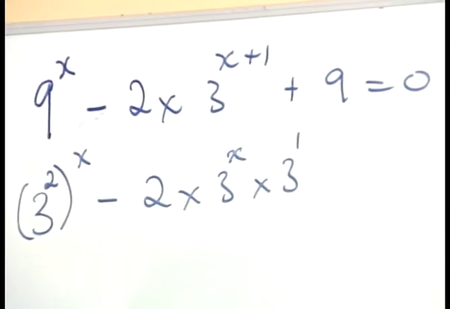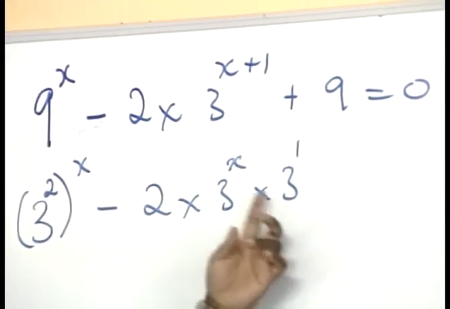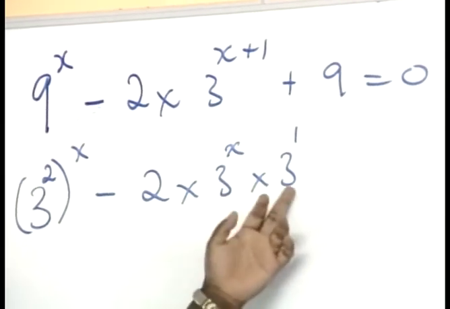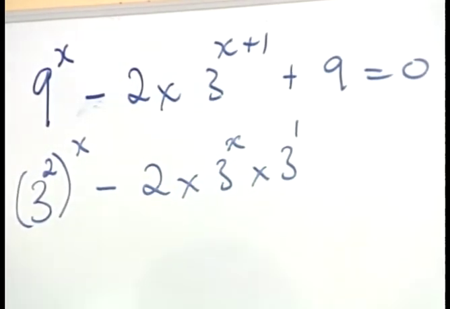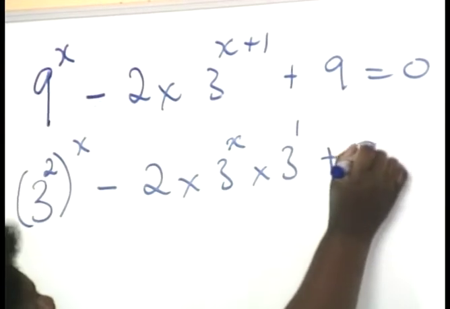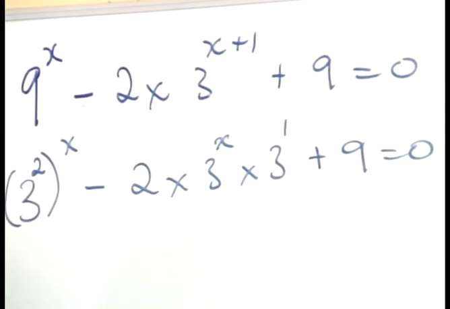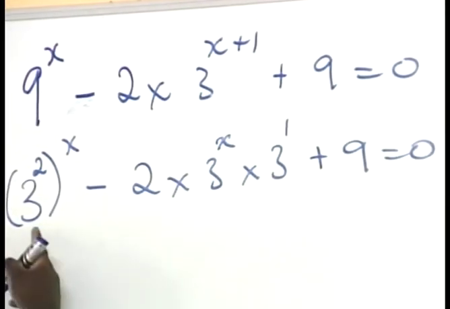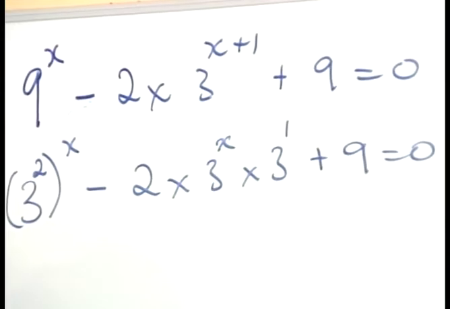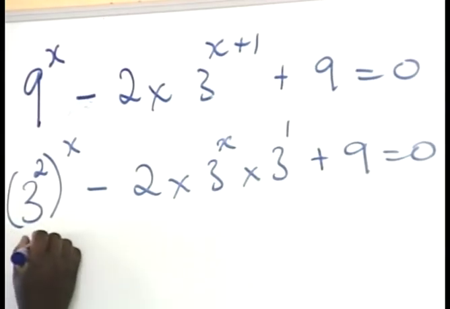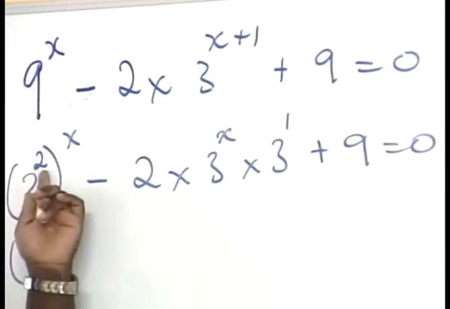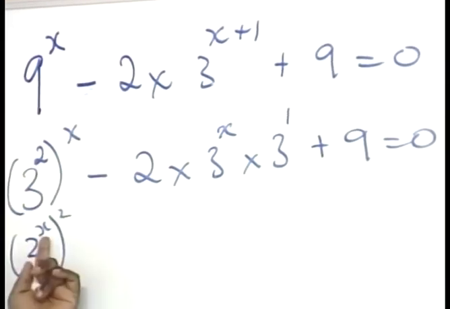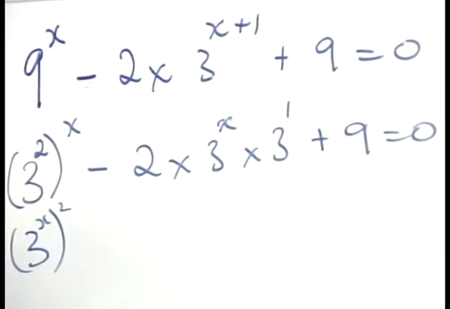Remember when you multiply the same base, you add the indices. So this can be written as 3 to the power of x plus 1 plus 9 equals 0. Okay, you can write this as 3x to the power of 2 as well. It's the same. 2 times x is the same as x times 2.